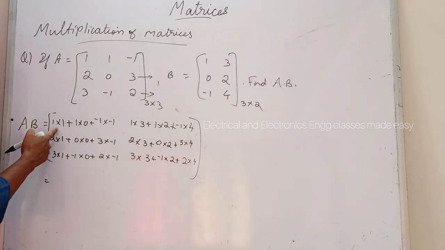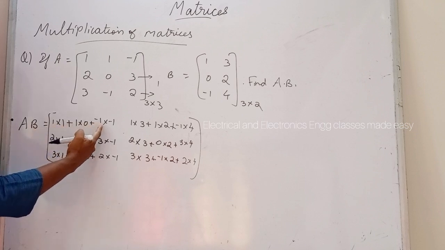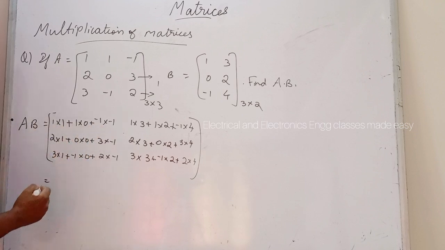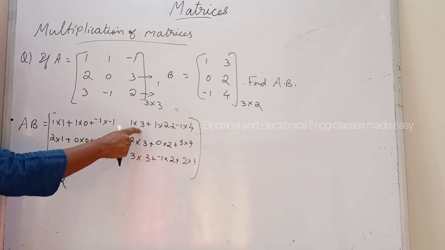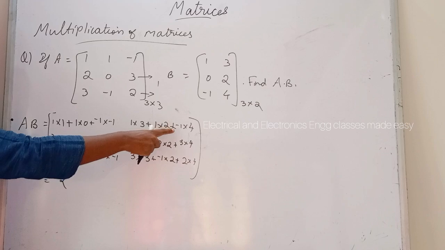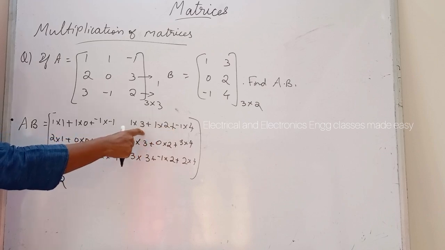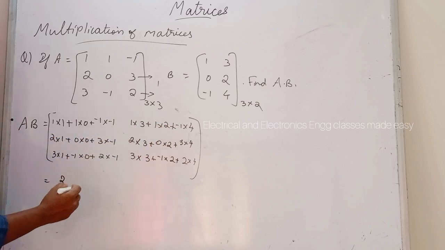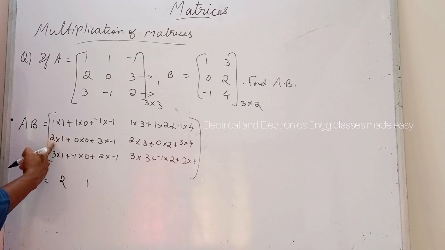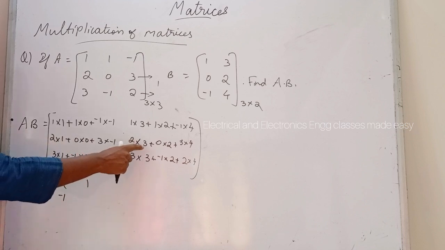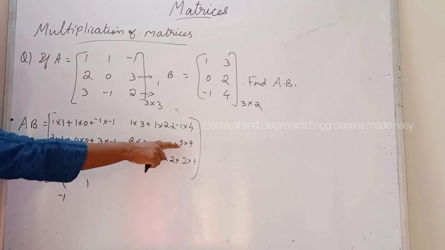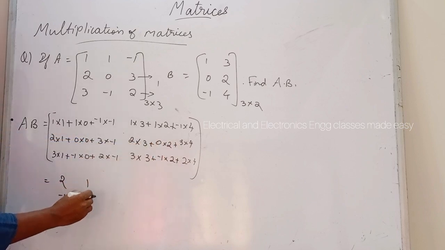So here we will get 1 plus 1, that is 2. Then here 3 plus 2 minus 4, that is 5 minus 4, that is 1. Then here 2 minus 3, that is minus 1. Then here 6 plus 12, that is 18.